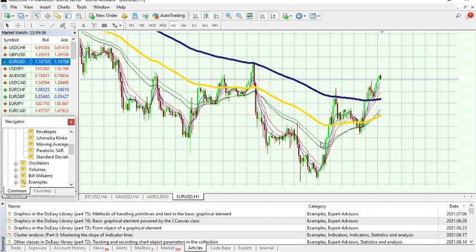Now, the only time you get to sell this market is when it crosses below these moving averages again. Mind you, this is the 1 hour.